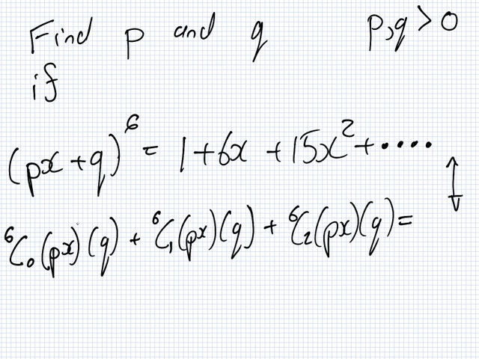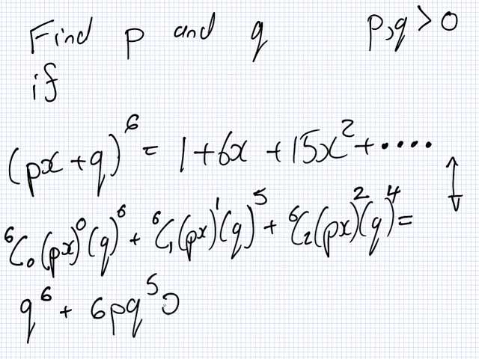So here, what power should I use? Now why 0 and not 6? Yes, it's ascending. 0, 6, 2, 4. So this will be Q6 plus 6PQ5X.